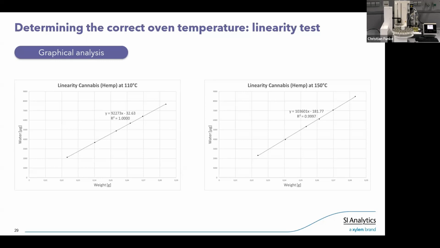Here we can see that the ordinate intercept in case of 110 degrees is at about 30, but in case of 150 degrees, it is at minus 180. So it seems that something happens. The higher the weight is, the more water we get relatively, and therefore the slope changes, and the ordinate intercept is then too high.